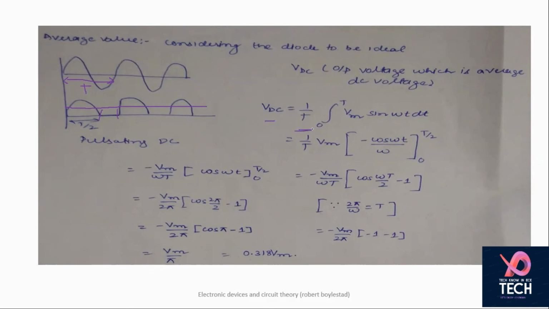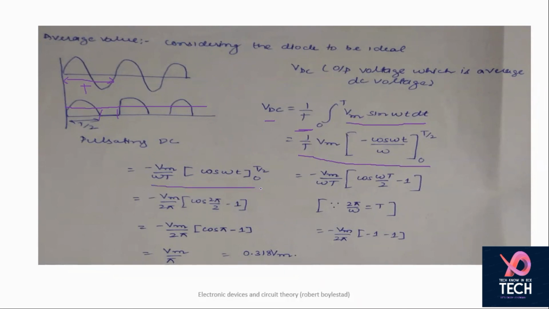So what is the average value? Your entire duration 0 to T. Average value is sum of all the events divided by the total number of events. So Vm sine omega t, because this is related to sine, and 1 by T, 0 to T by 2, because from T by 2 to T, this is 0. So we normally consider this. And you are very good in mathematics.